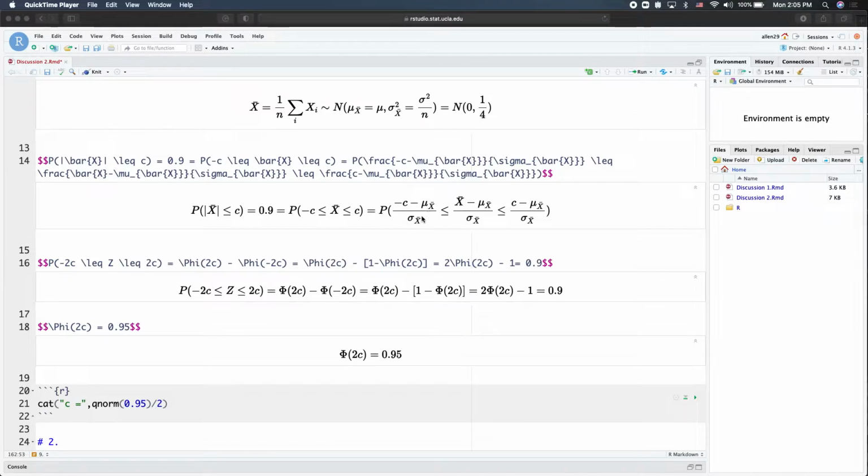Negative c minus 0 over 1 half, and then it becomes 2c and negative 2c. This one is just a notation for the standard normal. Is that what you're asking?